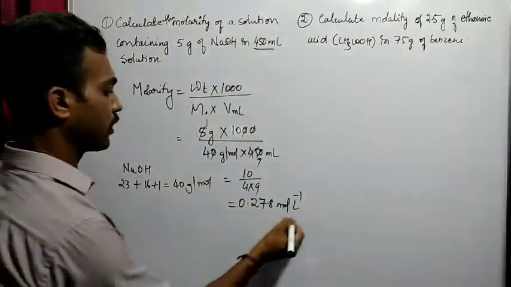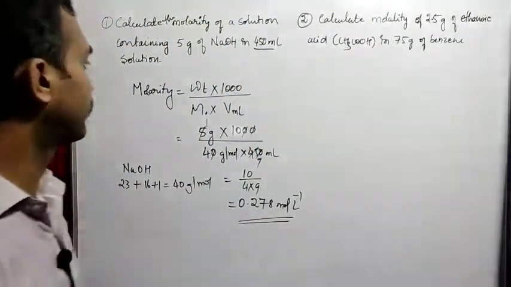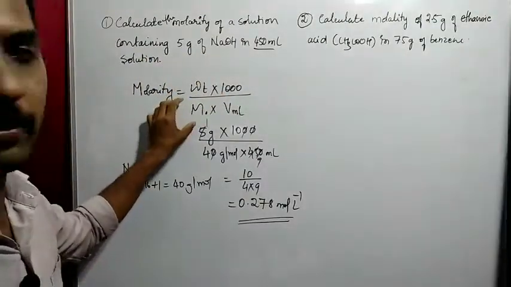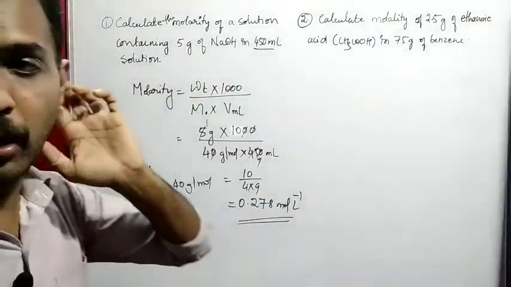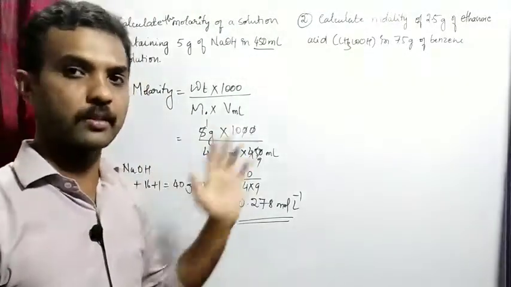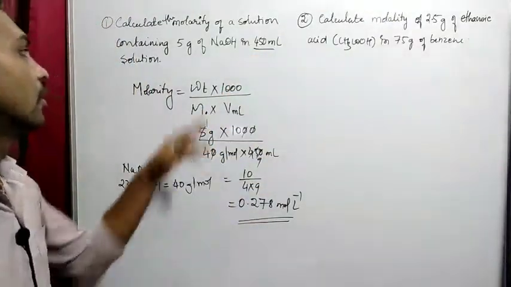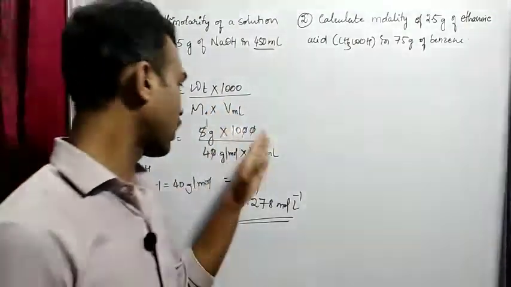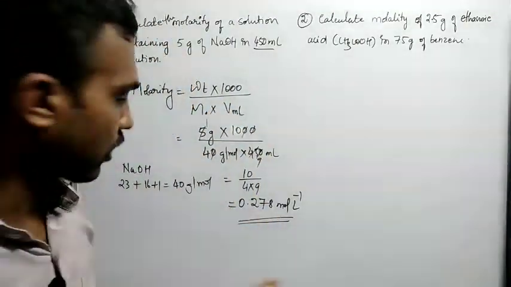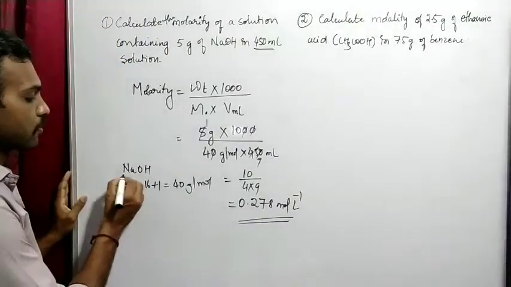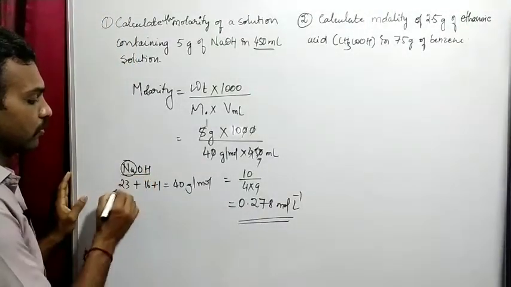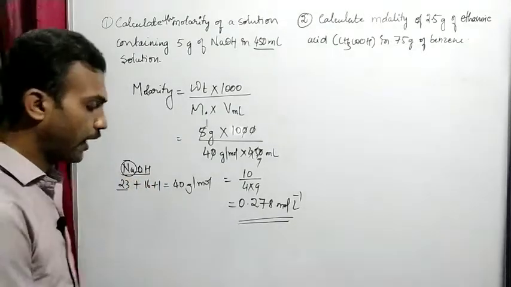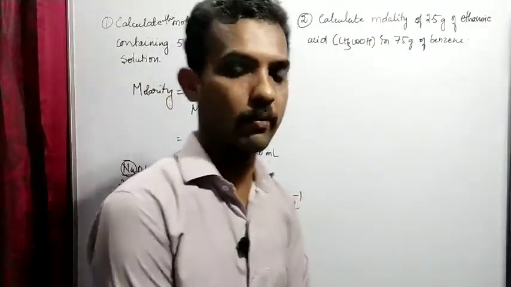So you must know this important problem. Molarity is weight into 1000 divided by molecular mass into volume in ml. The weight of the solute is 5 grams, into 1000 divided by 40 grams, the molecular mass, which you find out: sodium 23 atomic mass plus oxygen 16, and then hydrogen 1.